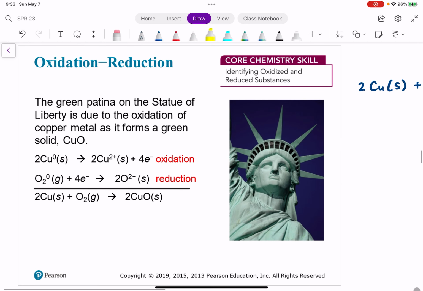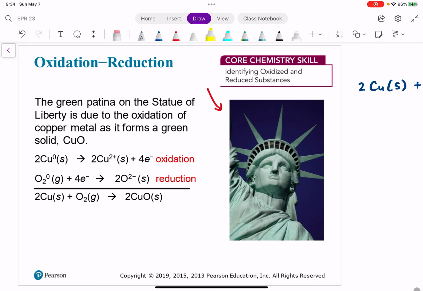A real world example of a redox reaction is, you can see here on the right, the Statue of Liberty. The statue wasn't always green like that. The reason that the statue is green now is because the copper metal has been oxidized, and as it oxidizes, it forms a green solid called copper(II) oxide.